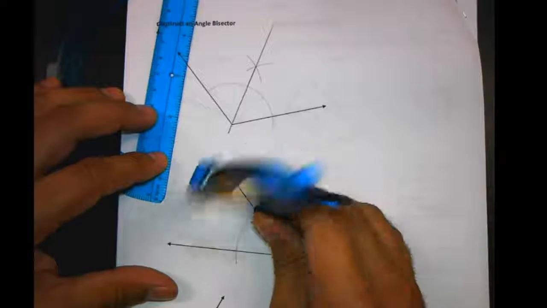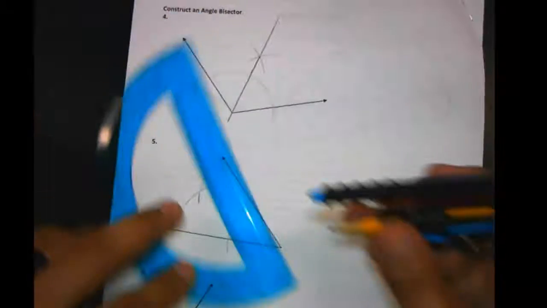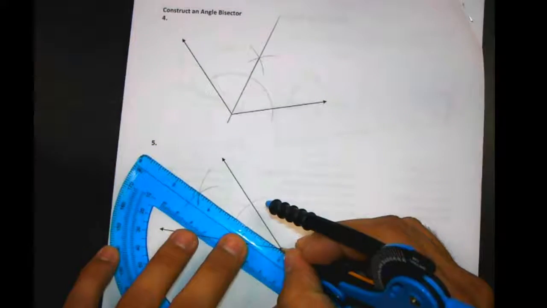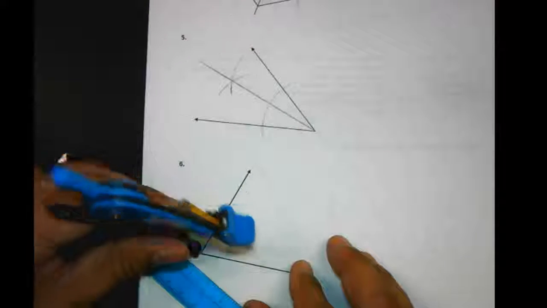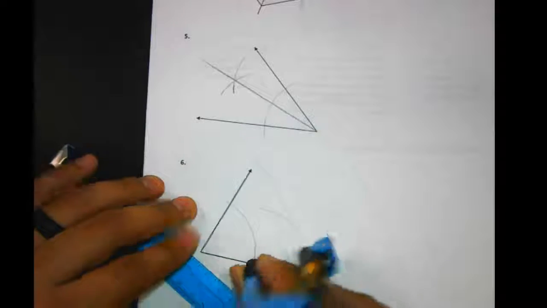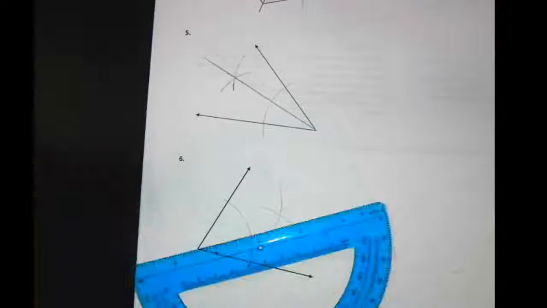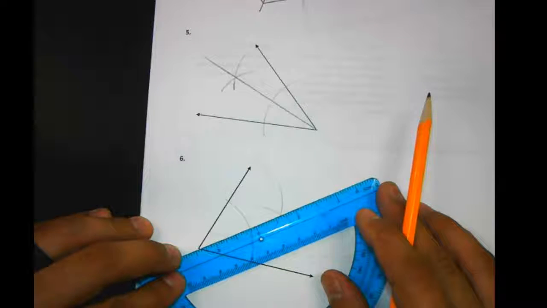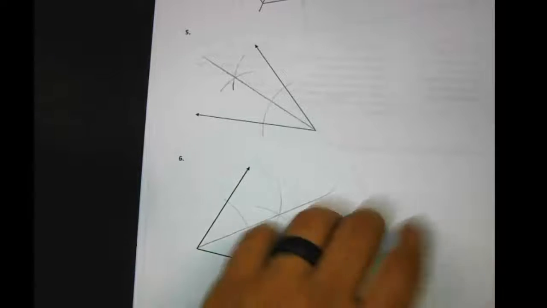Arc, arc, arc. Okay, and then 6, arc, arc, arc. All right, so you should be able to bisect an angle.